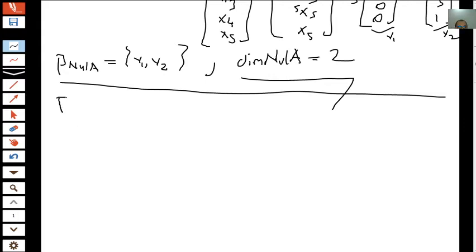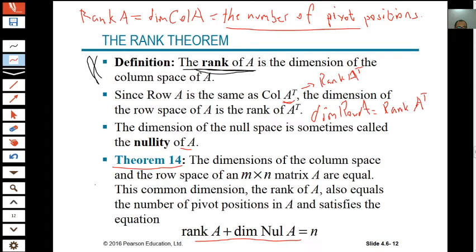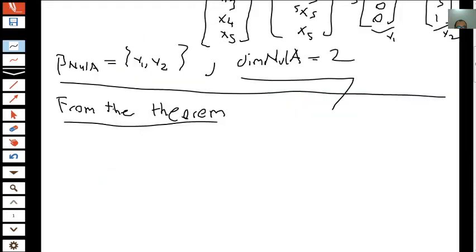From the theorem that we saw here, the dimensions of the column space and the row space are equal. So the dimension of the column space and the dimension of the row space equal each other.